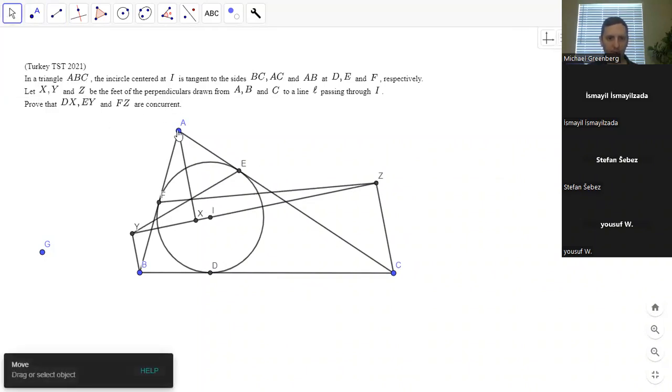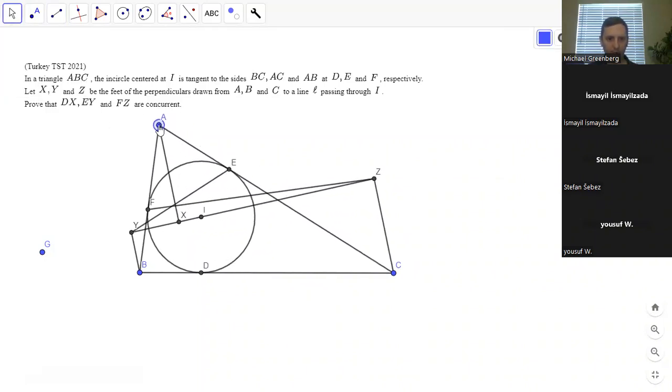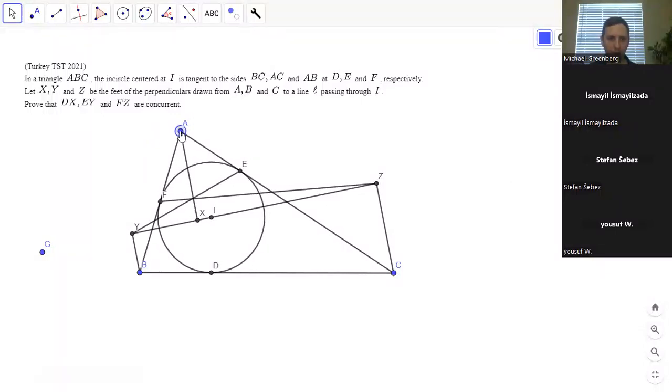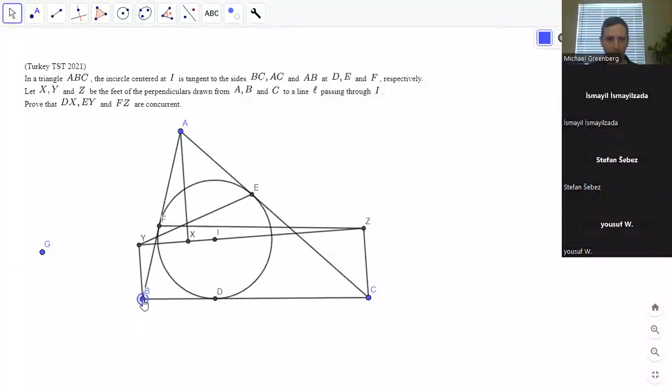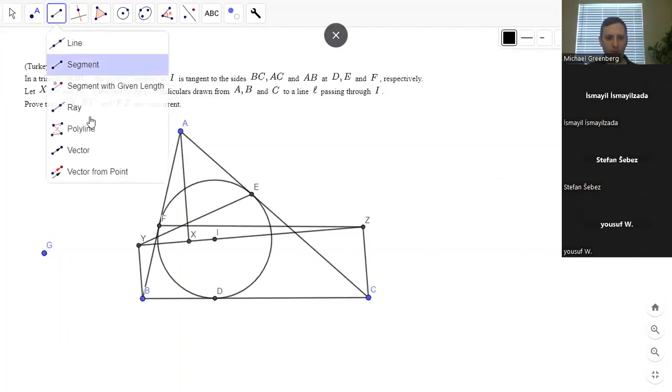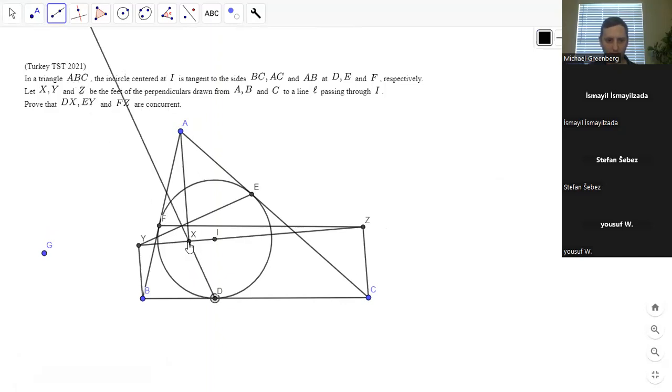I don't think they should concur on AX, so let's make it look a little different. Maybe I could add point G also to make the figure look nicer.